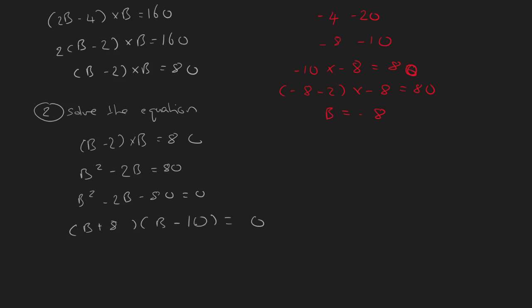So plus 8 times minus 10 gives you minus 80, and plus 8 minus 10 gives you minus 2. So that means B plus 8 equals 0, or B equals minus 8, or B minus 10 equals 0, B equals 10. Now, we know this can't be possible because B has to be negative. So that gives us B equals minus 8 as the correct answer.